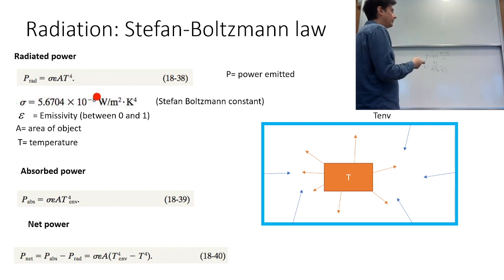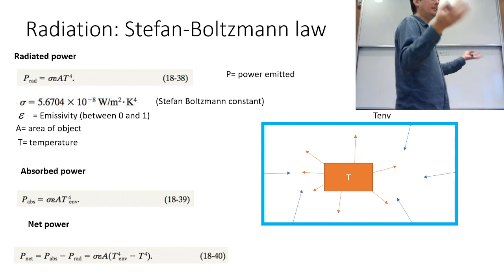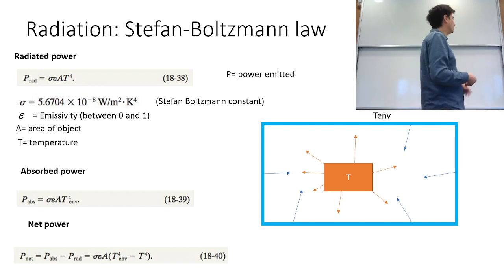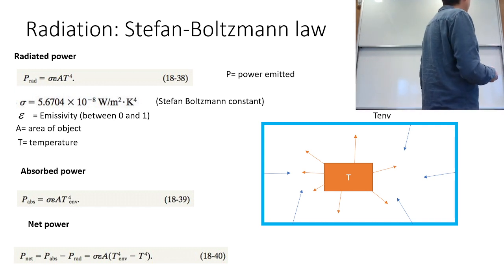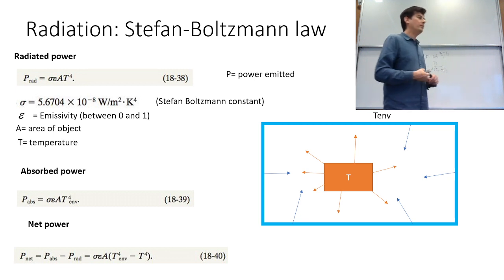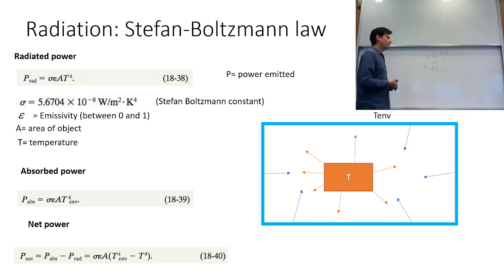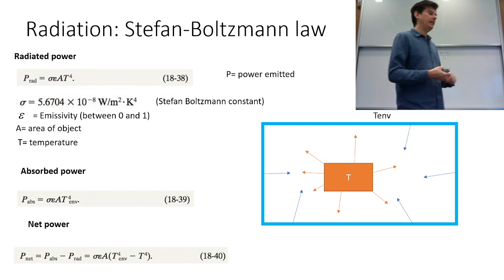We're not going to derive it, but this is the total power that comes off something due to basically it glowing. So just to say it casually, this is equal to sigma, which is some kind of proportionality constant. Epsilon is some factor between 0 and 1, which is basically due to the kind of material.